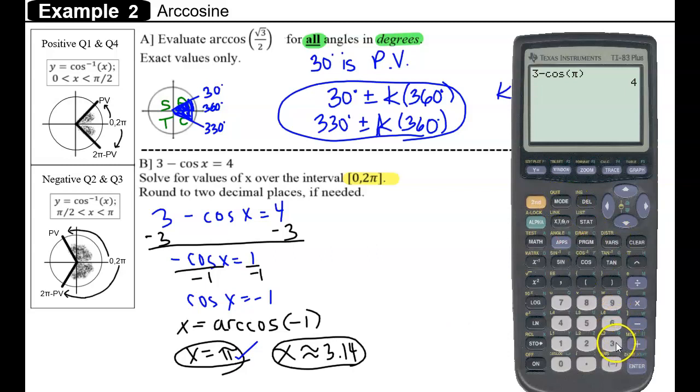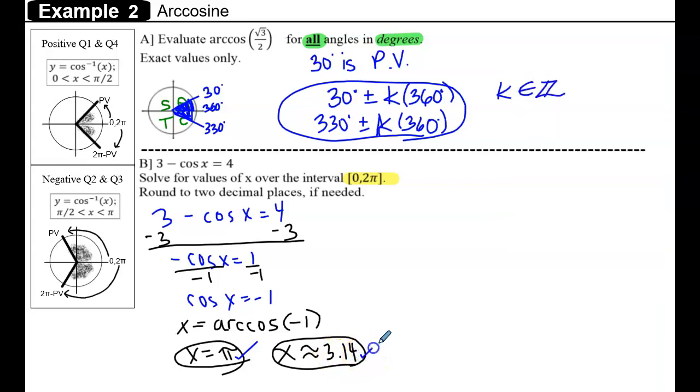If you were checking your approximation, then you're substituting 3.14, and you're going to get an answer of 3.9999, etc., which rounds to 4. It's not exact, though, because we used a decimal approximation as our substituted value for x.